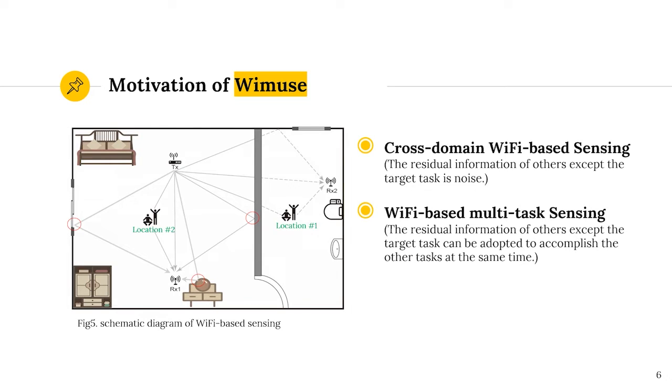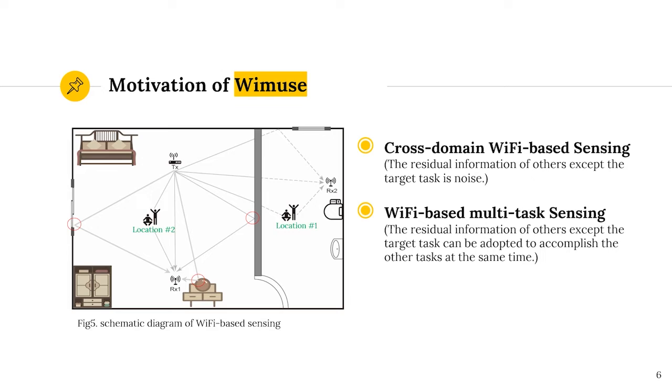As mentioned before and shown in Figure 5, Wi-Fi signals are absorbed, diffracted, reflected, or scattered by other objects during propagation, leading to the high coupling between CSI and other factors besides human behaviors. The residual information of the other factors can be regarded from opposite perspectives.